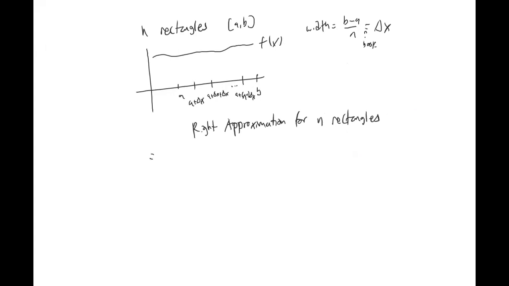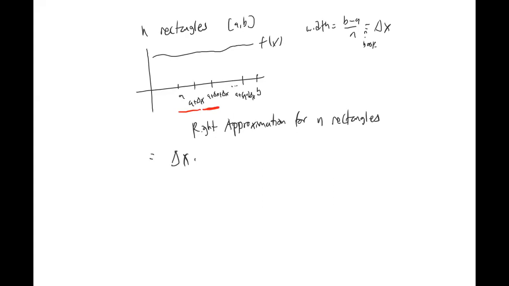The width is always delta x, right? Because if you look at this, how do you find the width? You take the right endpoint minus the left endpoint, right? So a plus delta x minus a is delta x. And the width of this thing is also delta x, right? Because a plus 2 delta x minus a plus delta x, you just get delta x. So the width is always delta x.